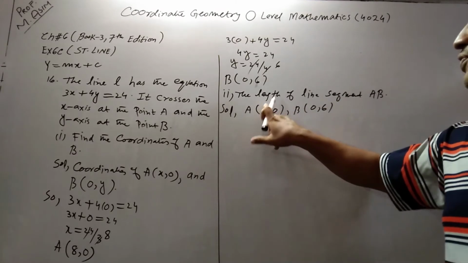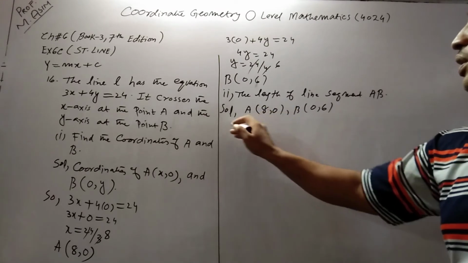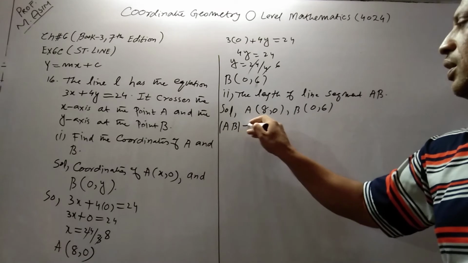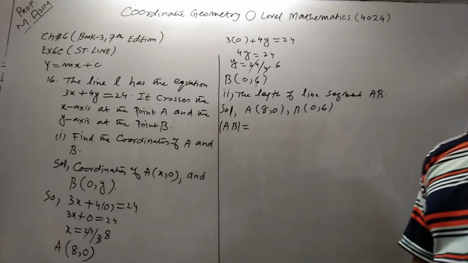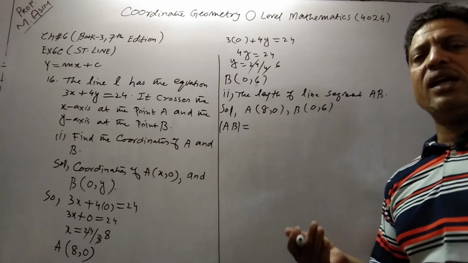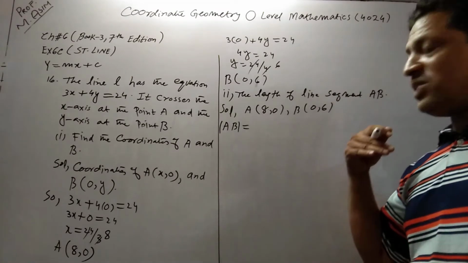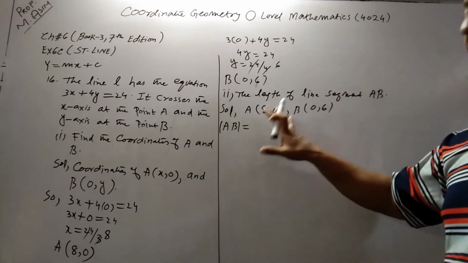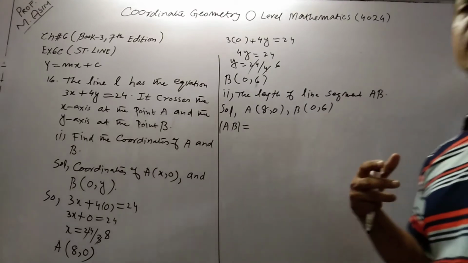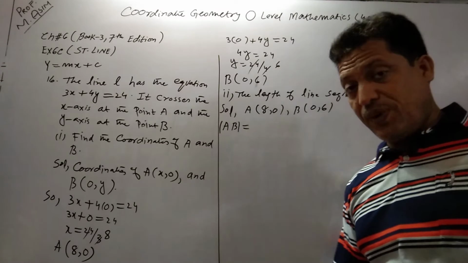What is the distance formula? The distance of AB is square root of x2 minus x1 square plus y2 minus y1 square, or you can write x1 minus x2 square. It would be same, because the square of the negative sign is always positive.